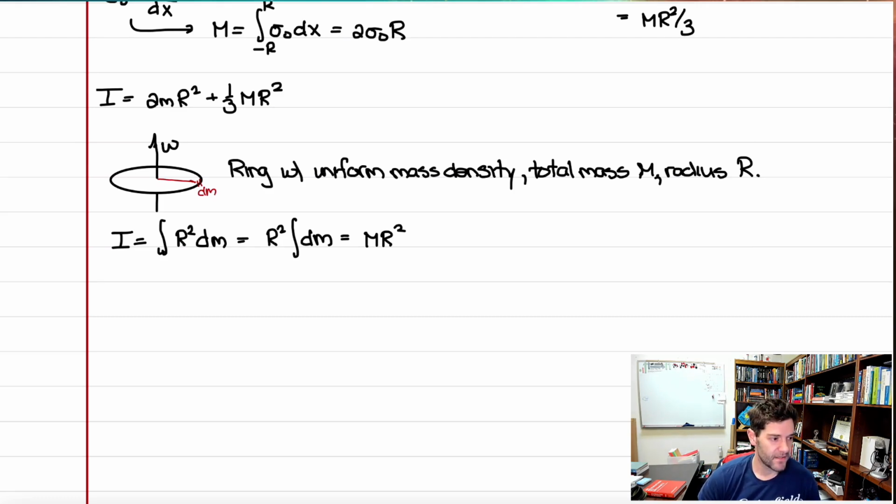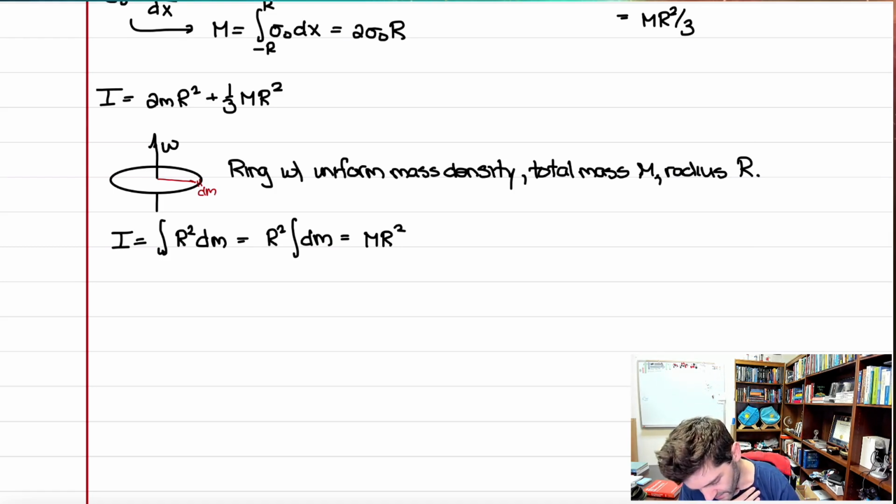But as a nice way to review integrals and polar coordinates, let's also reach this conclusion using the mass density as well. If I was just told there was a uniform mass density and I wanted to write the rotational inertia in terms of sigma and r squared, perhaps, or sigma and r, how might I do that?